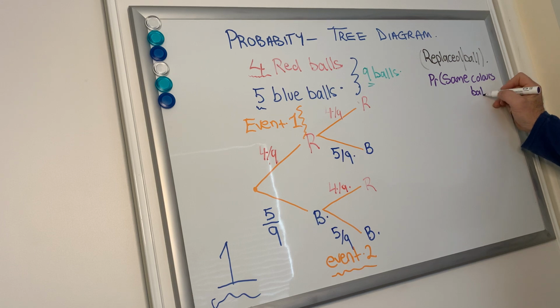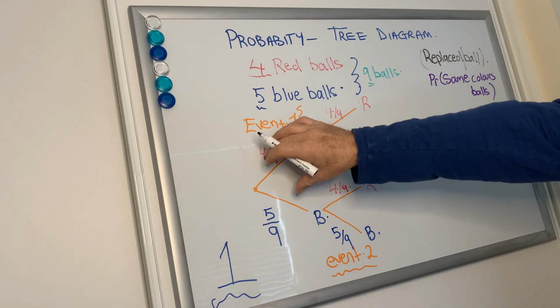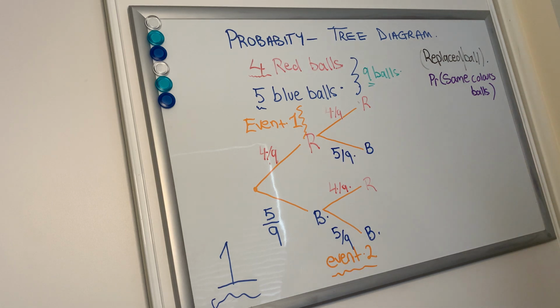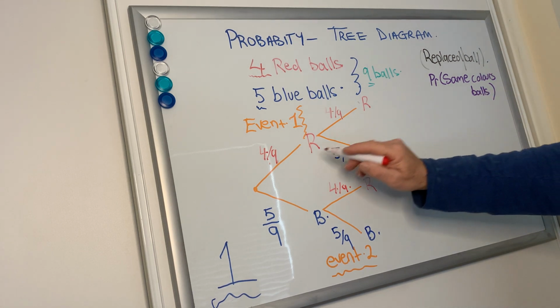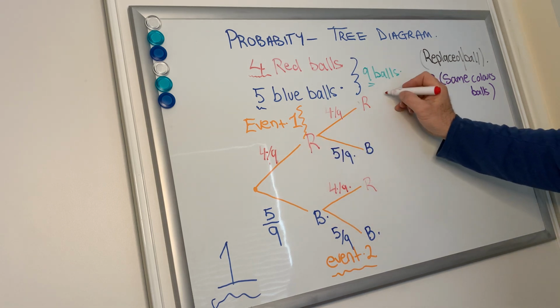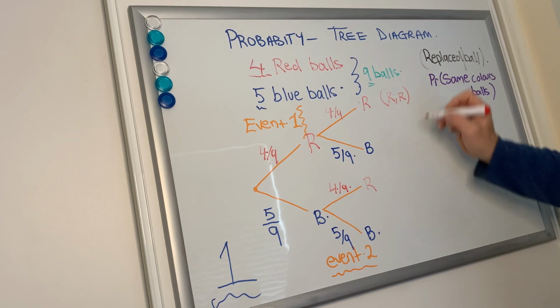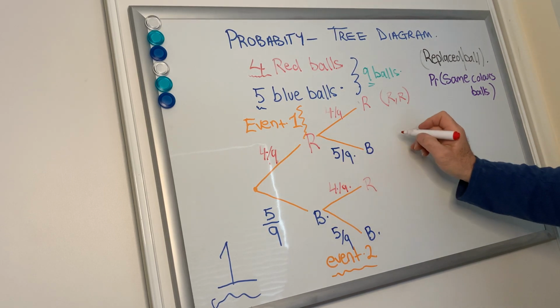We're picking a ball two times, one in the first event and one in the second event. So for the probability of picking the same balls, what I like to do is follow this line all the way through. So I just want to say red, red. This is how I like to do it, and then I follow this one through.